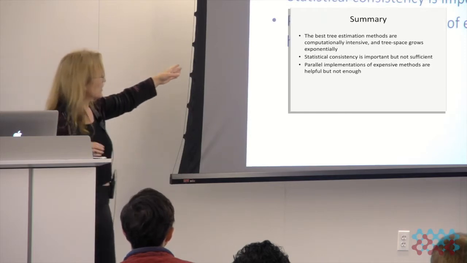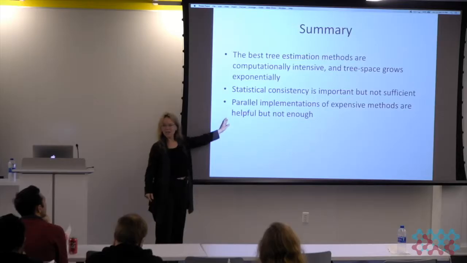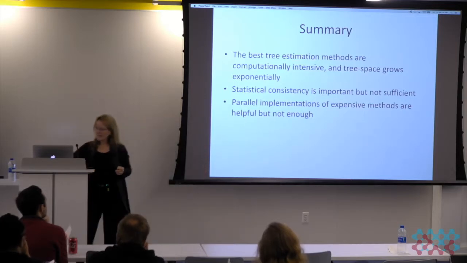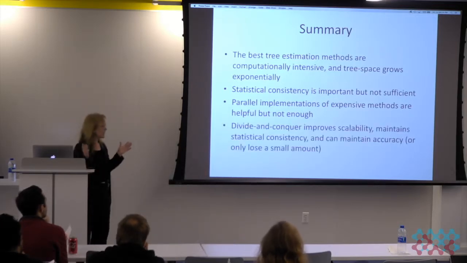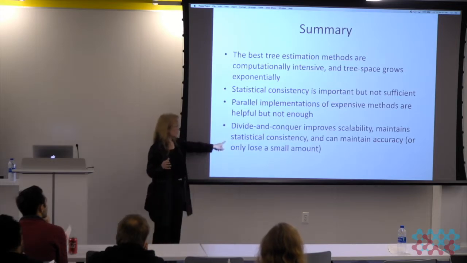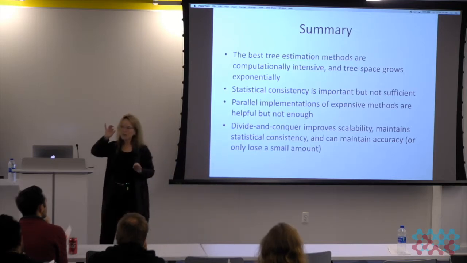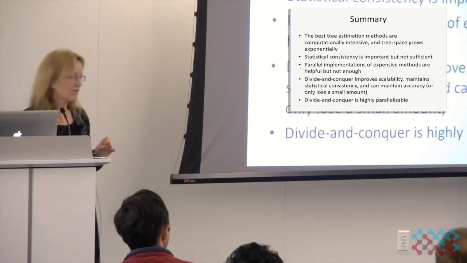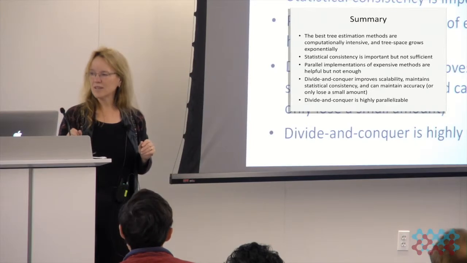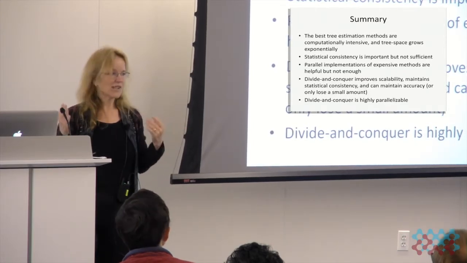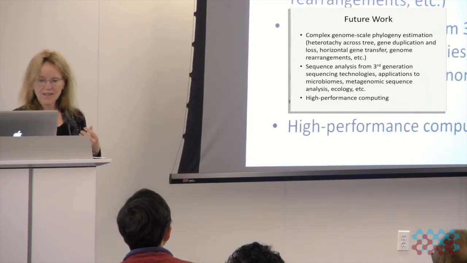Parallel implementations are helpful, but they're not enough to make things scale to large data sets. But this divide and conquer approach can improve scalability, maintain statistical consistency, and maintain accuracy, or in some cases improve it a little bit, though not much. And finally, divide and conquer is highly parallelizable. So all of this can be game-changing for large-scale systematics. Okay, future work.